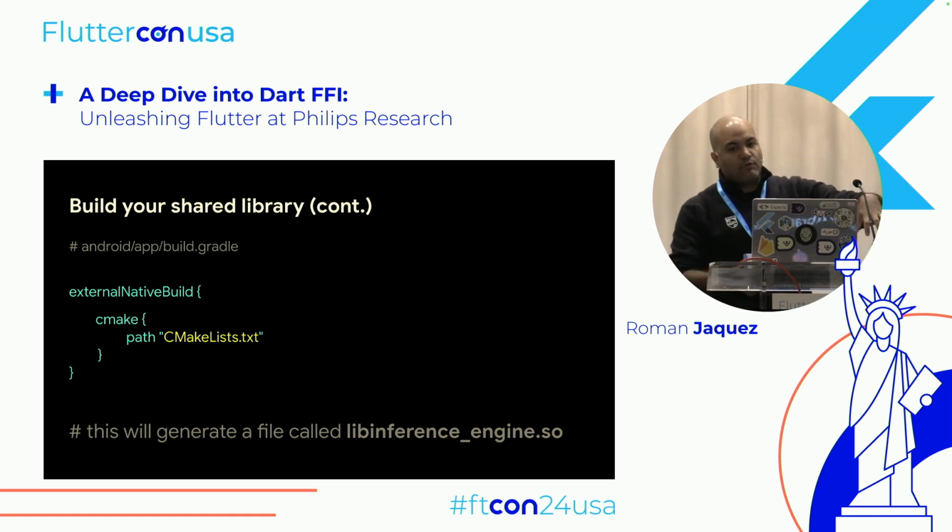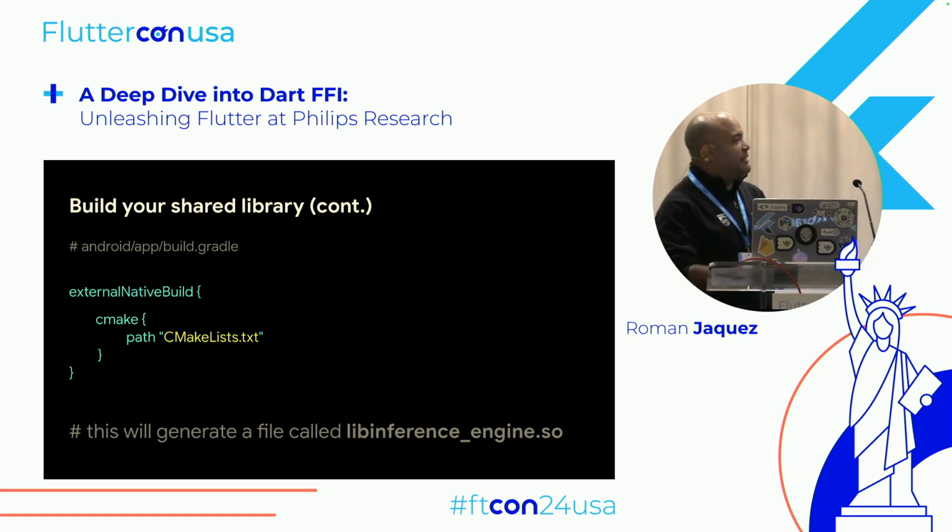During the build, the configuration specified in the CMakeLists file gets captured as a shared library. Remember, I called it Inference Engine. So when I run my build, Gradle is going to build a shared library called lib, whatever name you put, .so. That is how all your shared code, your third-party libraries, and the Dart SDK aspect of it get built into a shared library. Now let's build the Dart side of things.